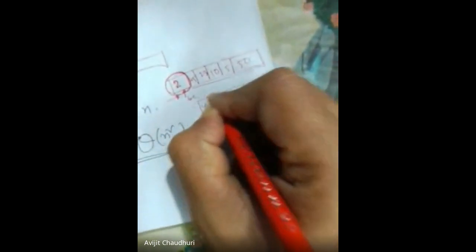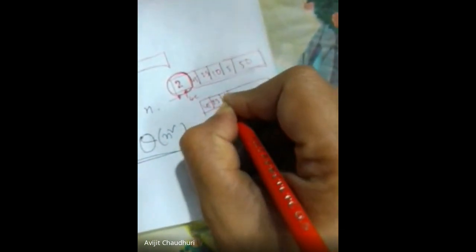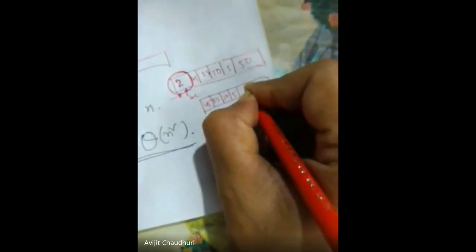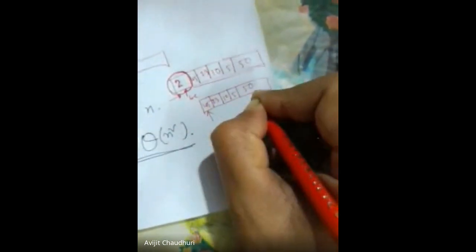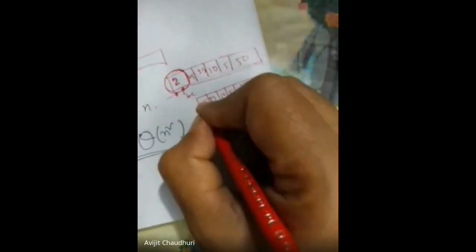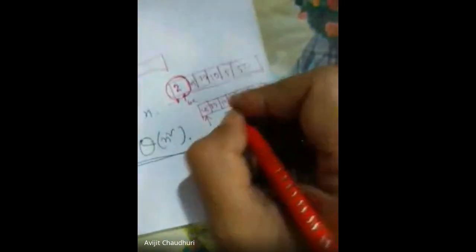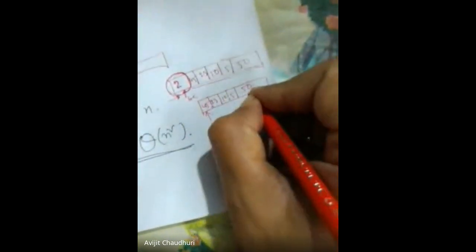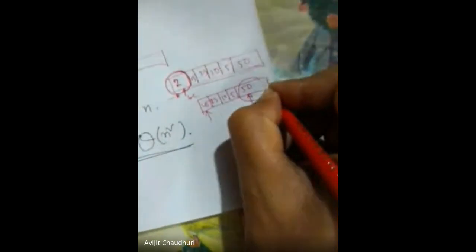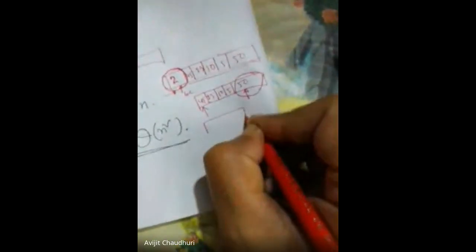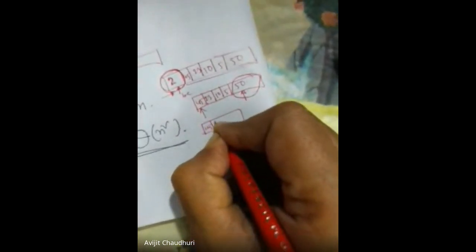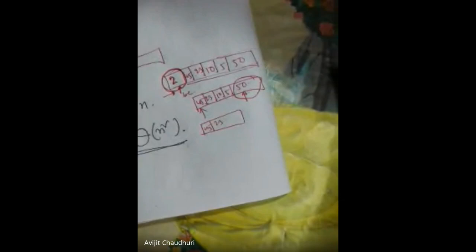So the rest of the array has to be sorted: 45, 23, 10, 5, 50. Again the same method; this will be exchanged, this will be same, and so on. So this element has been sorted. Now come to 45, 23. In that way, this will be continued.